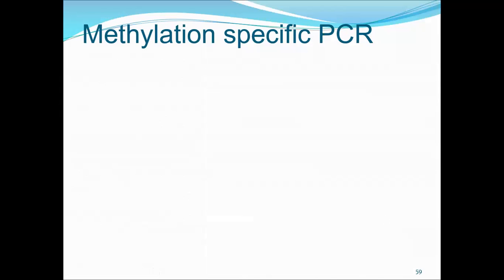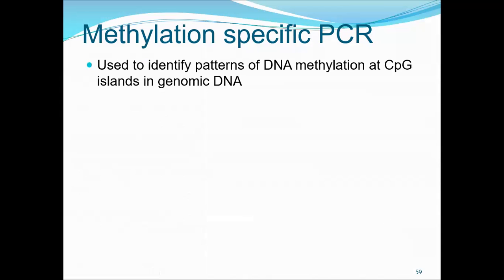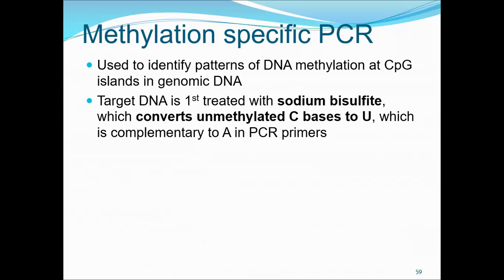Then comes the methylation specific PCR. So in methylation specific PCR, the human DNA is usually methylated at the CpG islands. And since these CpG islands are methylated, this particular feature is used.